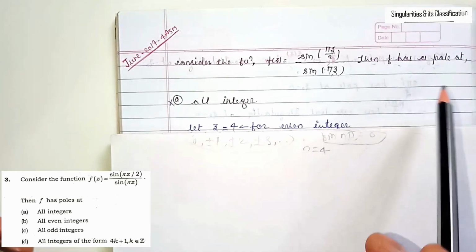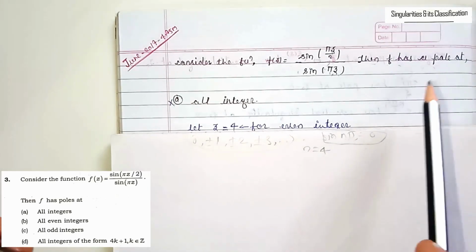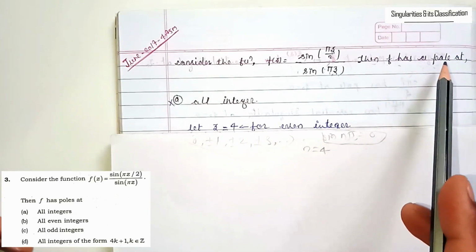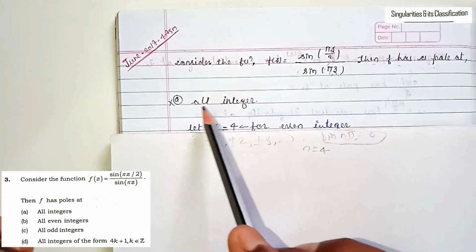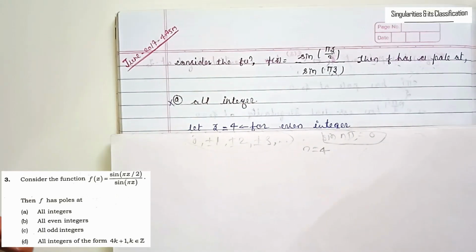So we have to divide the singularity here. If it possesses a singularity other than a pole, then we may say that our first option is wrong.